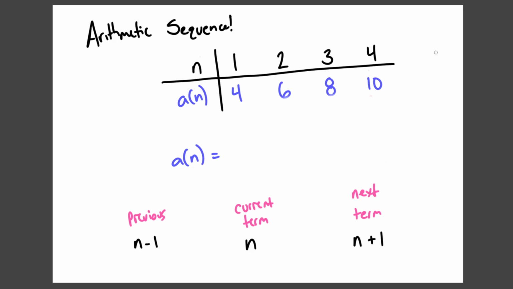So for example, this pattern, let's say I'm going to write a of n, so a of my current term, is equal to my previous term, a of n minus 1, and then we know our pattern is to plus 2. I'm adding 2 every time.